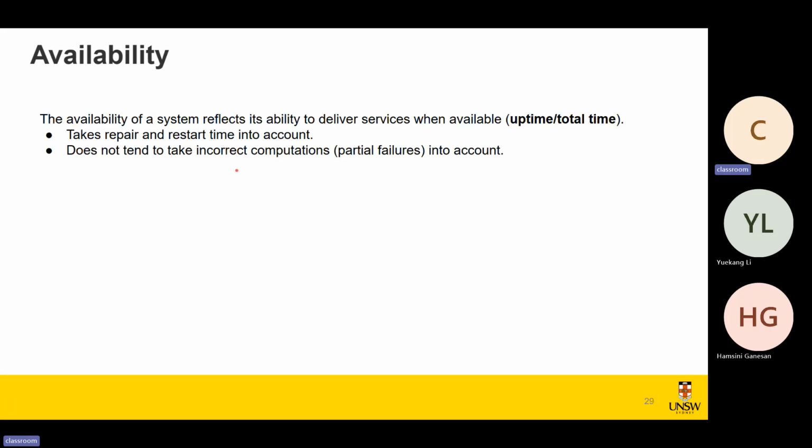And if we think about time, this gives us the second metric here, availability. So availability means during a period of time, how much of the time is the service available to the user? So how much of the time does this service run without an error? So this is calculated by using the uptime divided by the total time running this service.